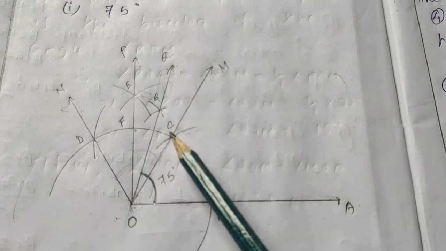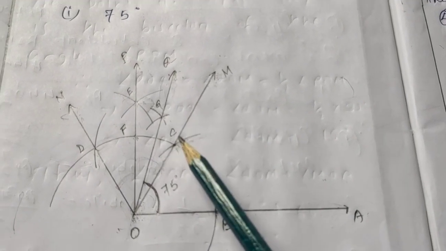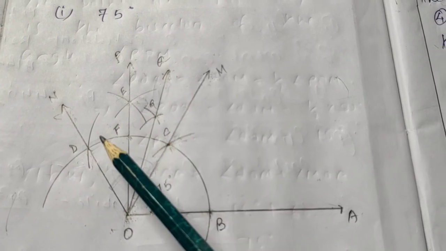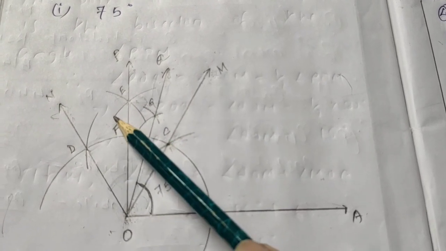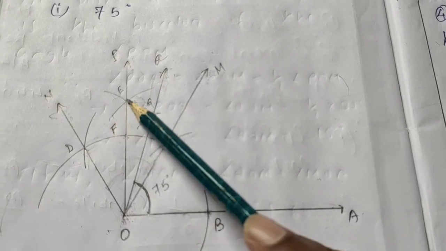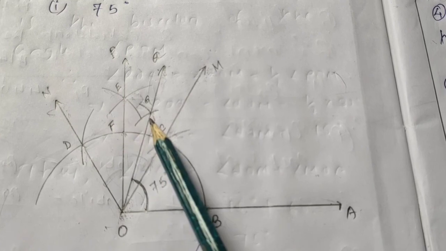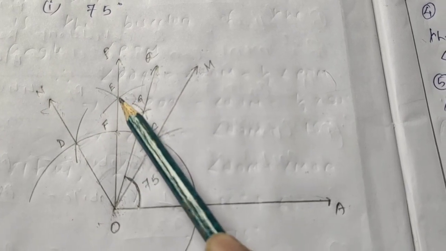When you take the point C as center and take more than half of CD as radius, then this arc will be drawn. Again when you take the point D, then this will be the arc. So those two arcs will intersect at the point E.